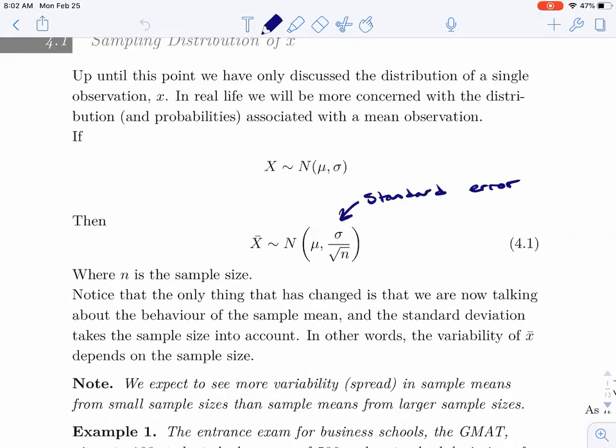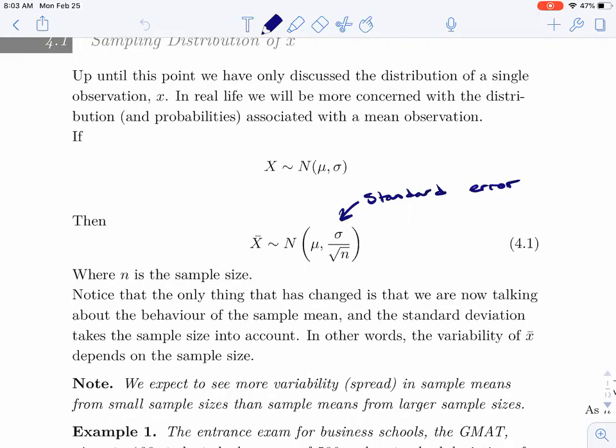But then we said, if we collect a sample of size n, then we can talk about how the sample mean is distributed. The sample mean follows a normal distribution as well. It's centered on the same mean as the single observations. That makes sense, right? Average should be hovering around the average. The only thing that changes is the spread.